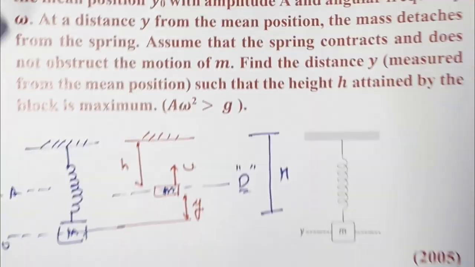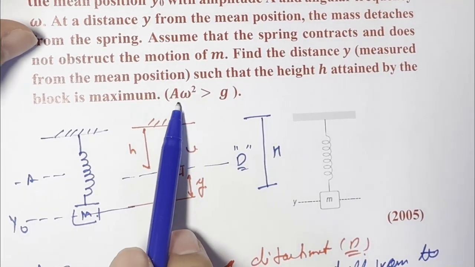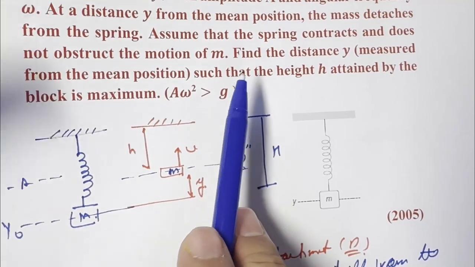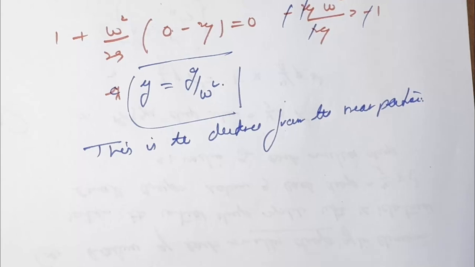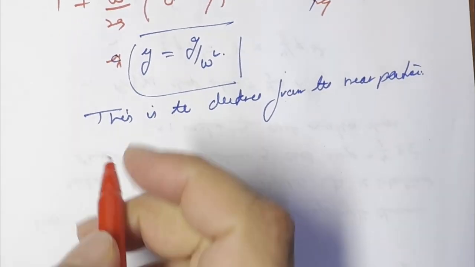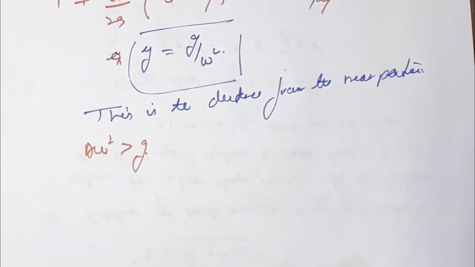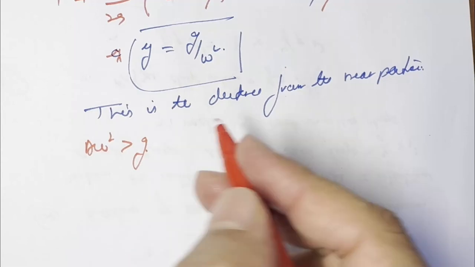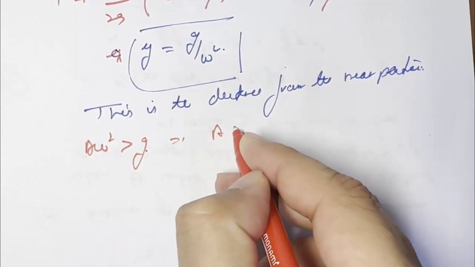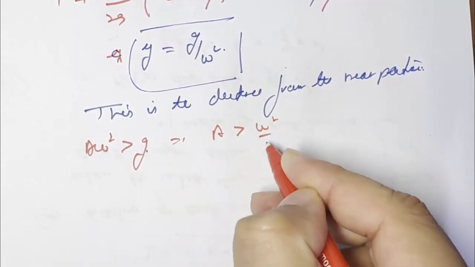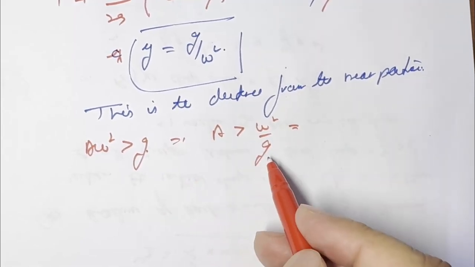In the question there is one condition given that a omega square is greater than g. Let me write it here. We are given that a omega square is greater than g, where a is the amplitude.